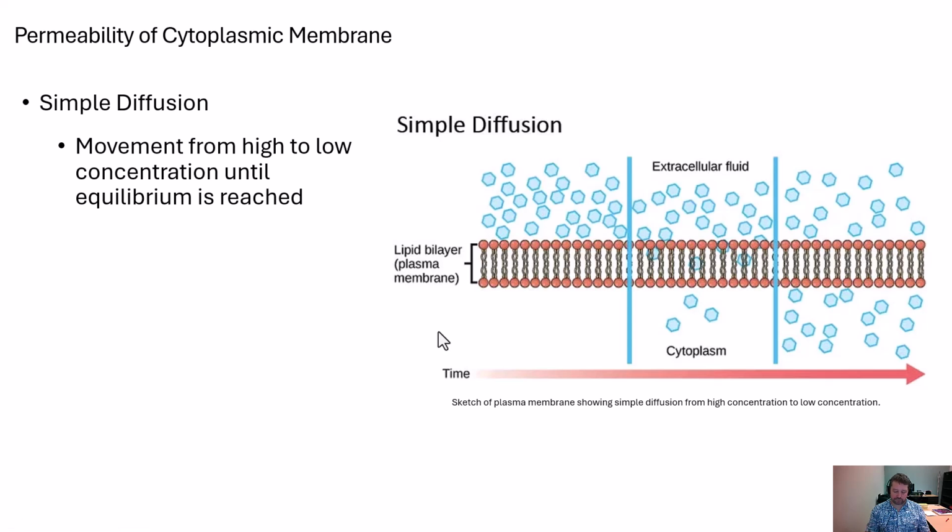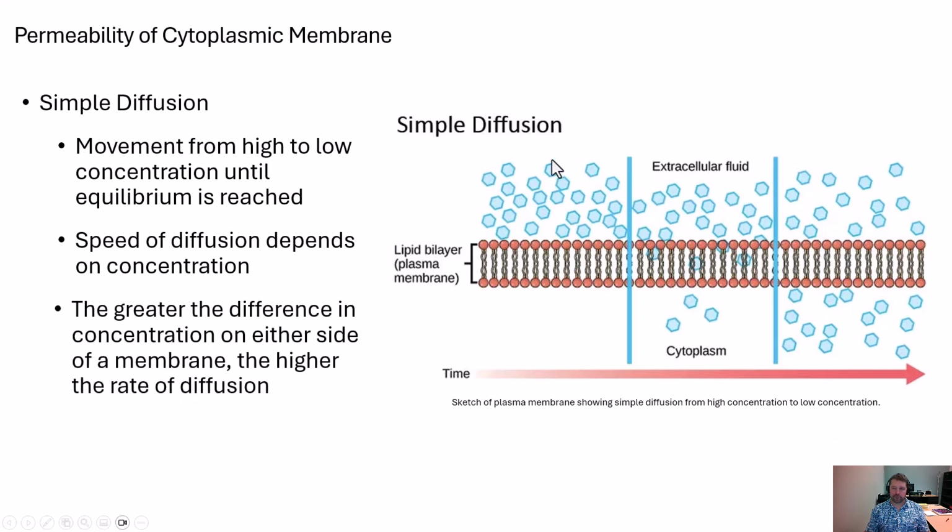One key component with simple diffusion, though, is that the concentration on the one side will determine the speed at which the diffusion process happens. So the higher the concentration or the greater the difference is, the faster the rate of diffusion. So often we will indicate a time to diffusion, the time it takes for that material to diffuse across the membrane.